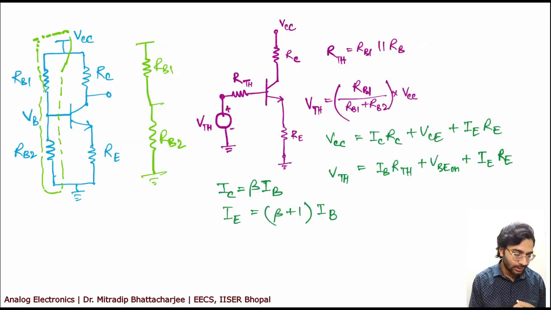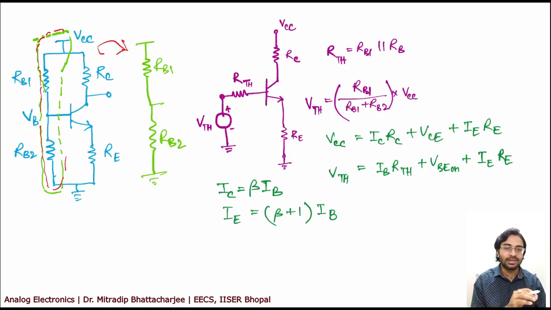Now here it is shown the other method that I have said. Now if you just consider this portion which is shown here, you have RB1, you have RB2. So you can convert this part as a Thevenin's equivalent circuit. What is Thevenin's equivalent circuit?